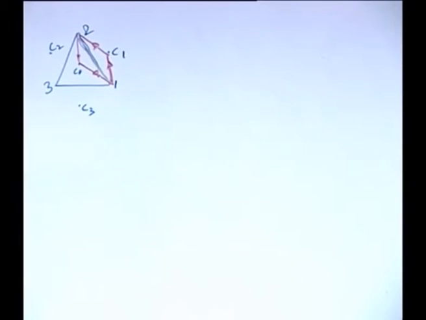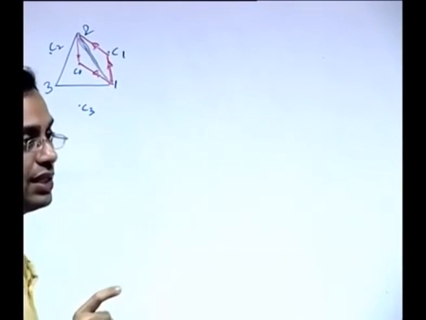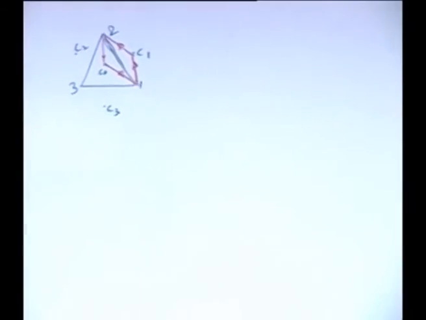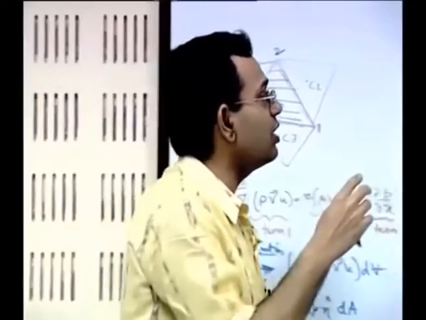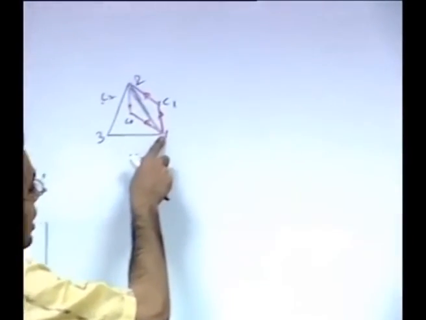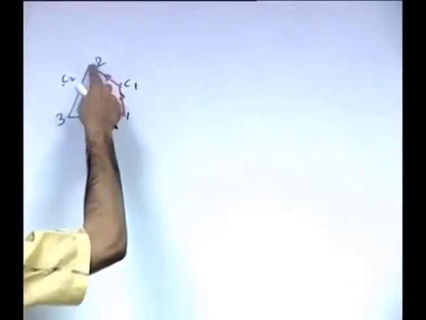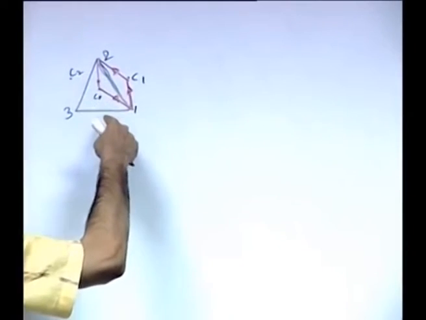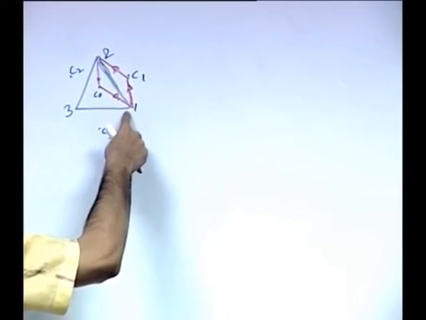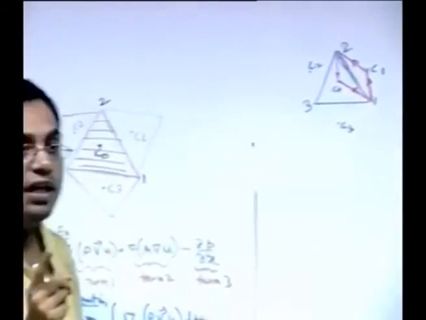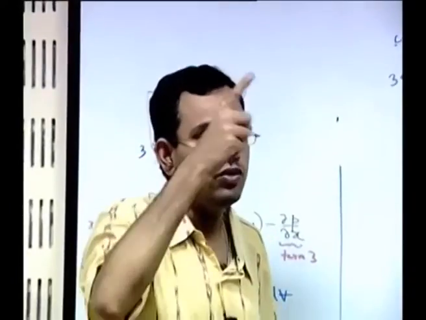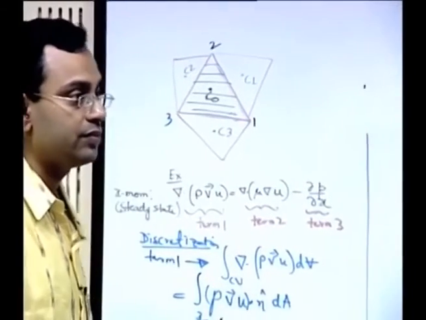The second important thing to keep in mind is that because directions are important, we have to give orientation to the edges. So, when you consider a closed contour, you start with the point 1 and traverse the contour in a counterclockwise direction to end up at 1. When you evaluate a contour integral, the direction in which you are moving is important.